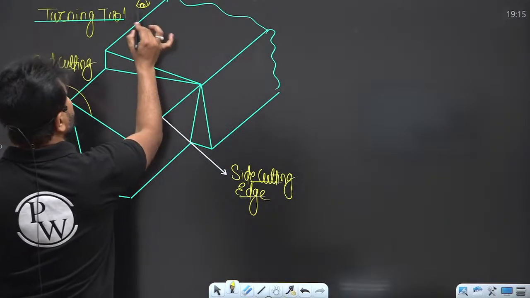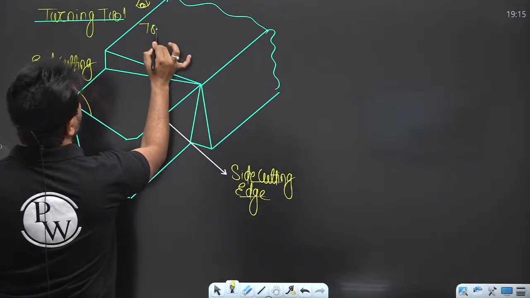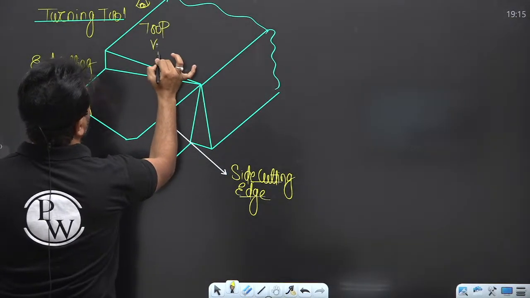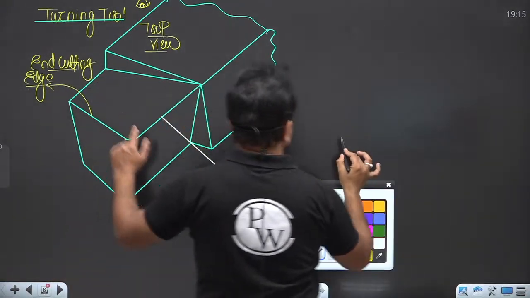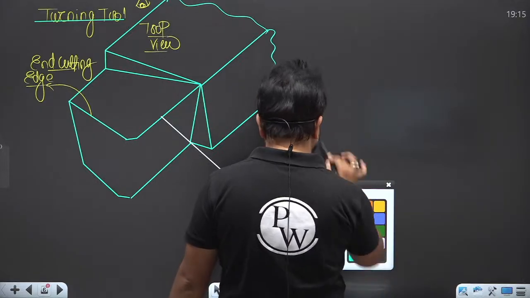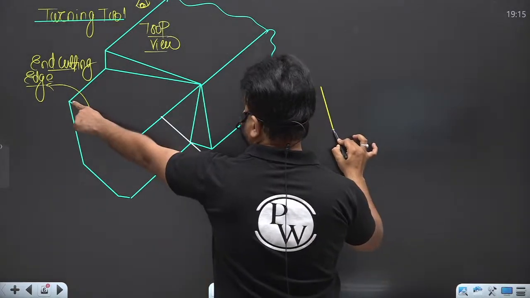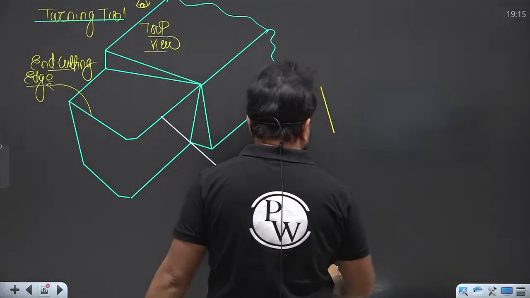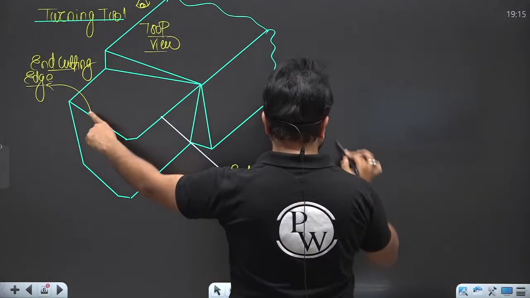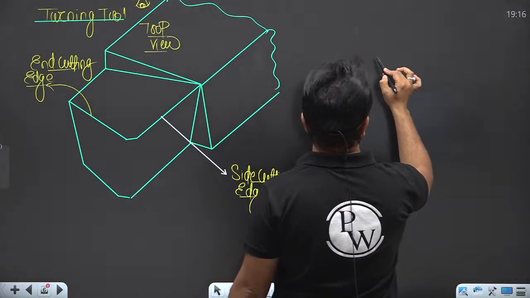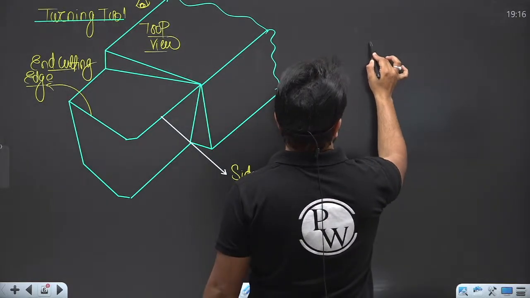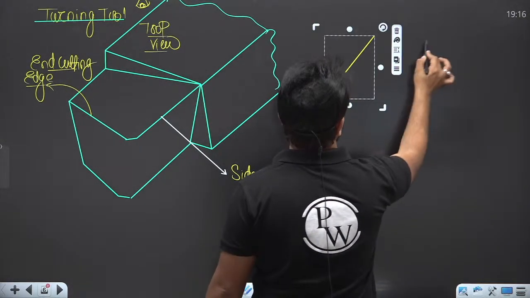So if you see the tool from the top view, my dear, this is the top view. See this top view. This is the end cutting edge. If you see the tool from the top view, this is the side cutting edge.